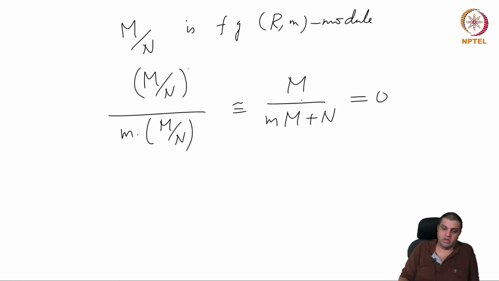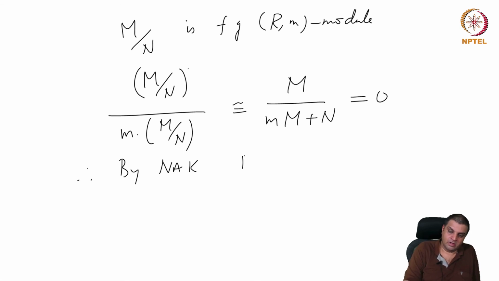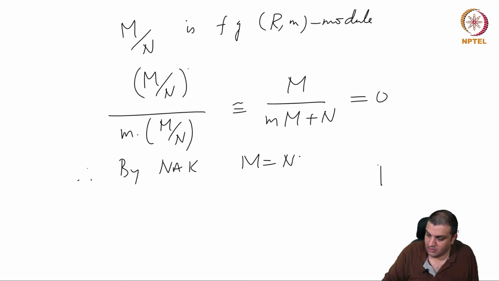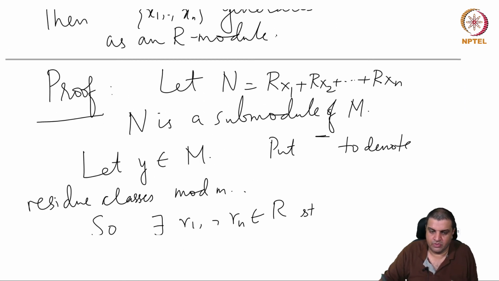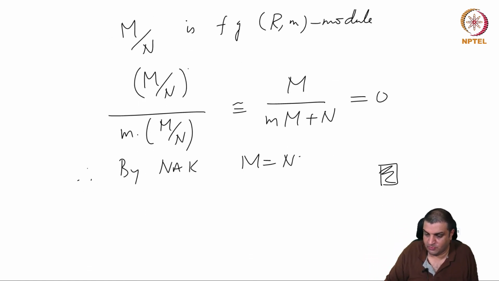So this is 0. Therefore, by Nakayama's lemma, M is equal to N. This is what we wanted to prove, that those elements xi generate M. M is equal to this submodule, which is what we wanted to prove.